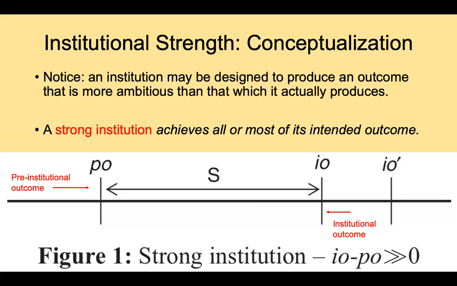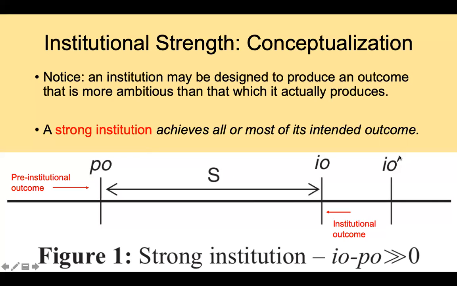And what we would refer to as the strength of the institution is essentially the difference between the pre-institutional outcome and the institutional outcome itself. A strong institution is one that achieves all or most of its intended outcome. This represents the intended outcome.